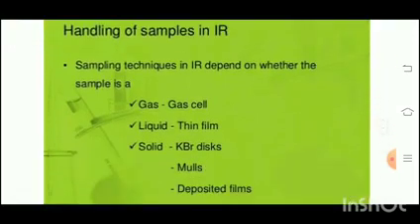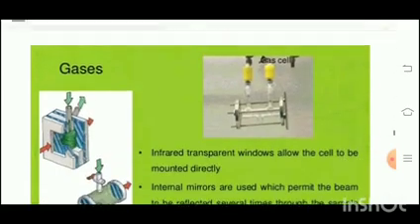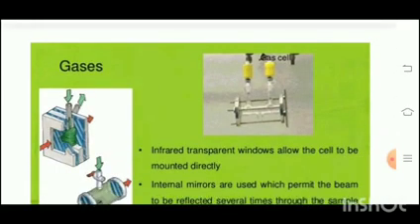Now the sample cells. With IR radiation, all three types of samples can be analyzed. For gaseous samples, gas cells are used. For liquid samples, a thin film of the liquid can be analyzed. For solid samples, we have three types: KBr discs, the mull technique using Nujol oil, and deposited films. This is a gas cell.